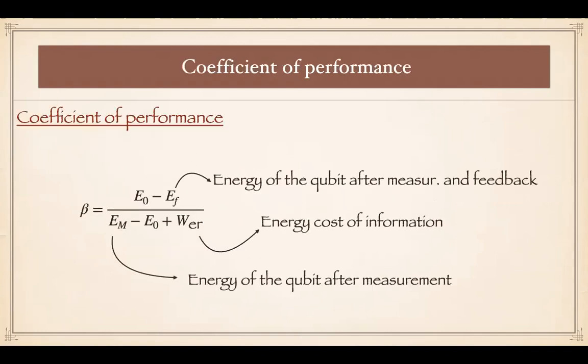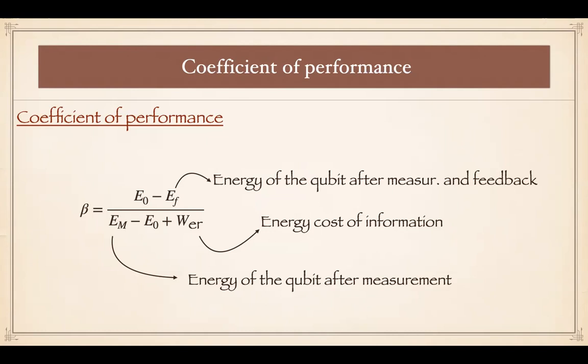And in this kind of system, we also try to study, let's say, it works as a refrigerator, which takes heat from the reservoir, cooling the reservoir at the end. So if you have a shorter Bloch vector, then you extract heat to make it longer again, right? And this beta would be given by the amount of energy extracted, which is given by the difference of energy. Let's say E0 is the initial energy and EF is the energy of the qubit after feedback.